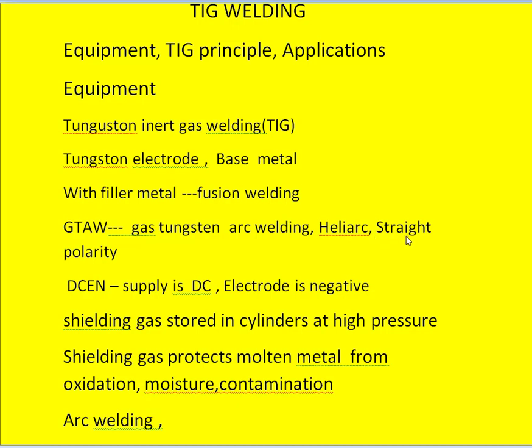Another name for TIG welding is the straight polarity welding method. The representation for the electrode is DCEN. The meaning of this is that the supply used is DC and the electrode polarity is negative, that is, the electrode is connected to the negative terminal of the DC supply.